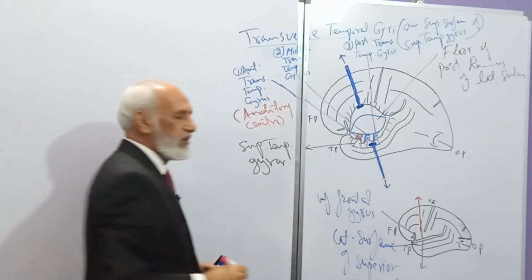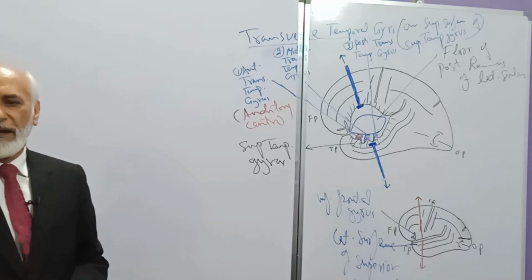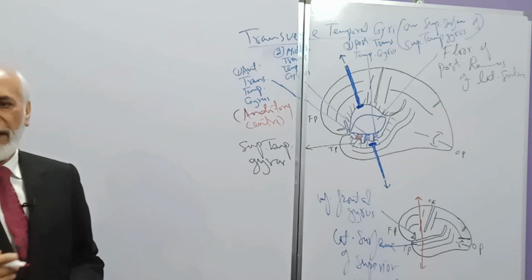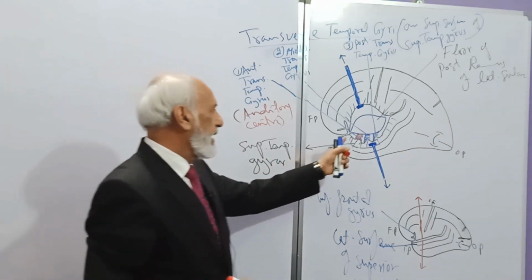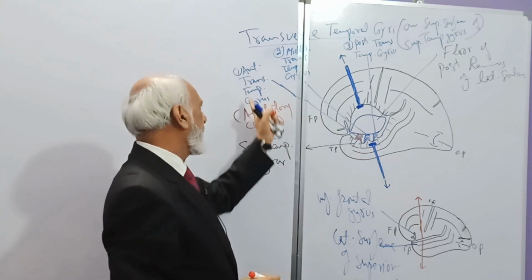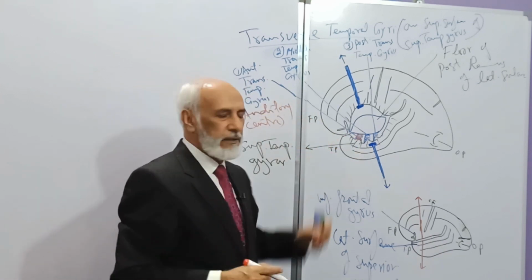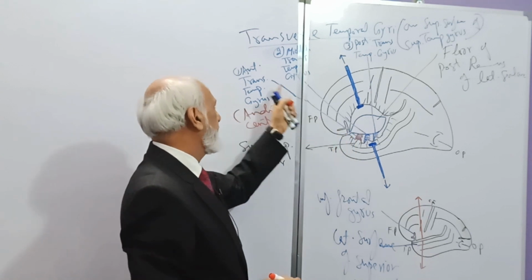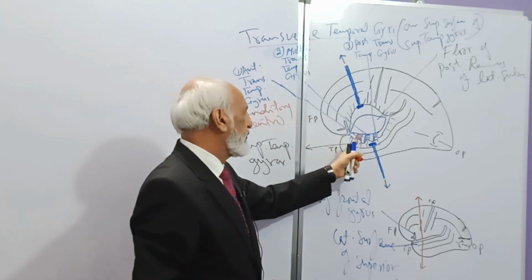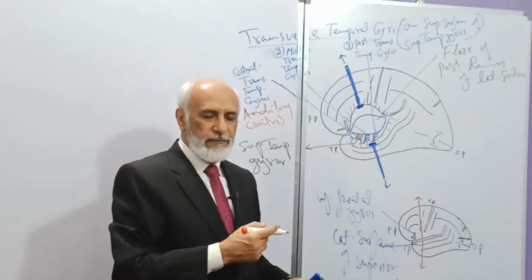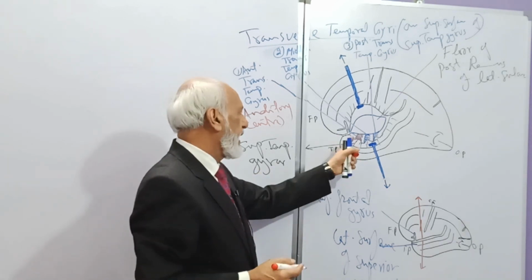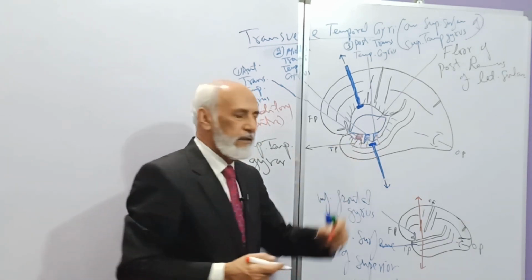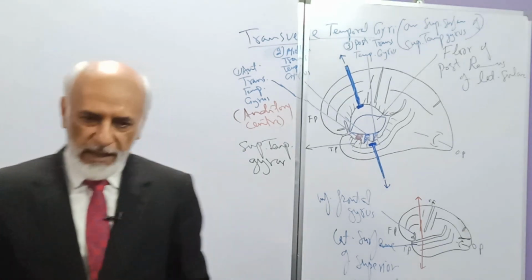So one of the areas where the auditory center is located is the anterior transverse gyrus, which is running transversely from without inwards on the superior surface of the superior temporal gyrus.